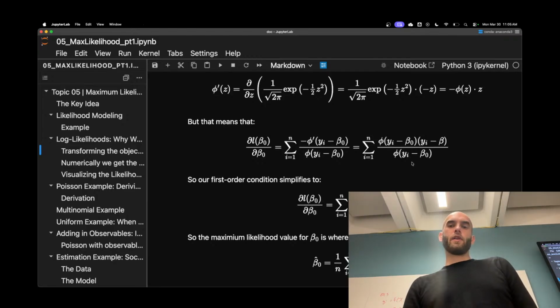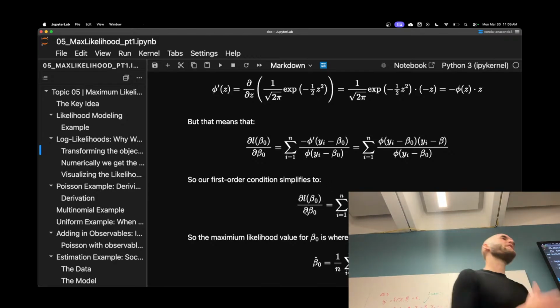So these two things cancel top and bottom. And all we're left with is this, which turns out to be a really nice first order condition. I mean, this looks almost identical to OLS. So we have the sum over all of our observations of yi minus beta 0 equal to 0.